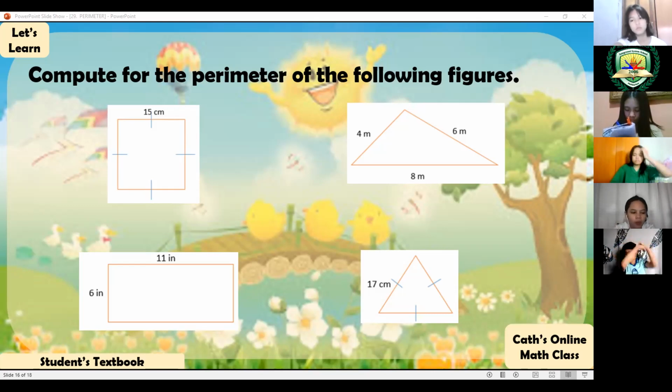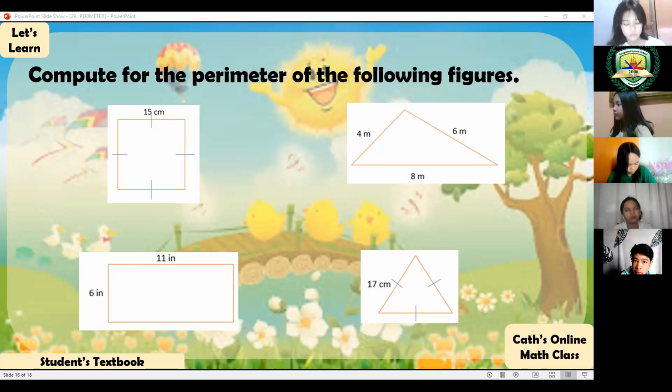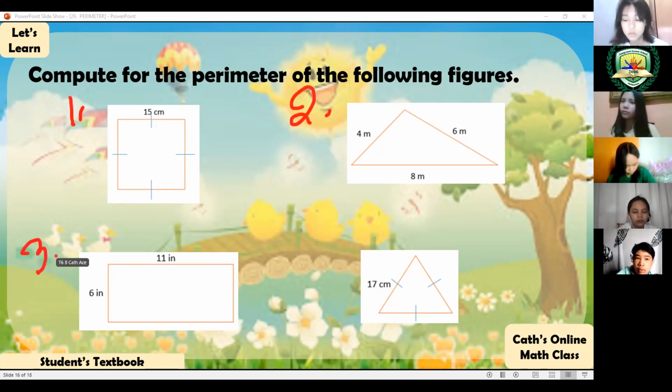Text response. Okay, sige. Okay, andyan na yung inyong link. Please check. Ma'am, saan din ma'am yung 1 or 2? This one is 1, 2, 3, and 4.